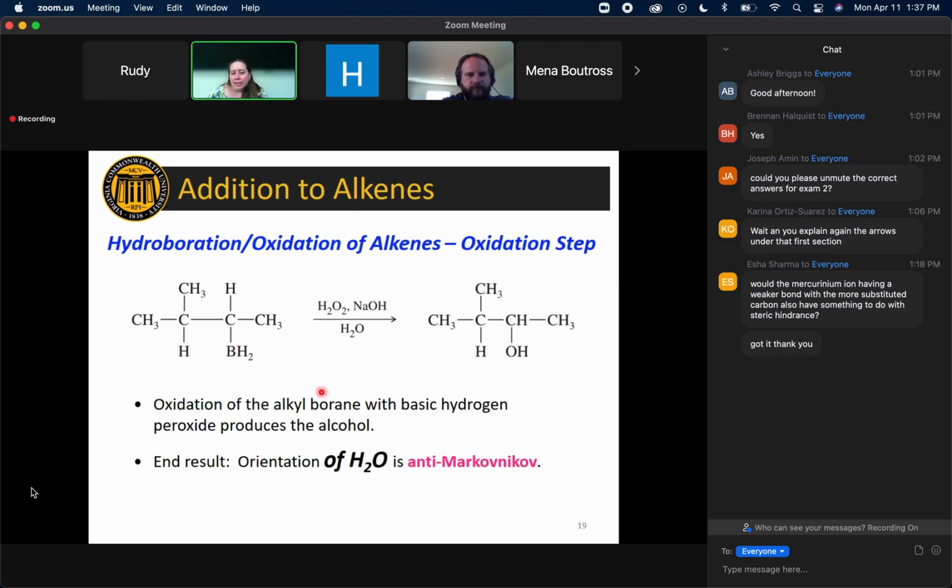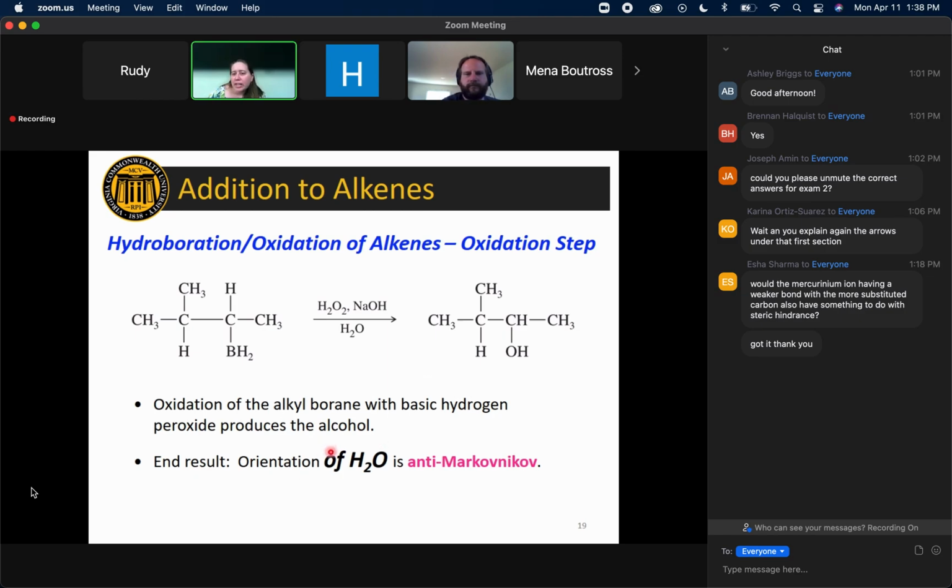I'm going to show you the mechanism of how this works over the next couple of slides, but the much more important point here is that when you put these reagents in with your hydroboration product, you get an OH group replacing your carbon-boron bond.